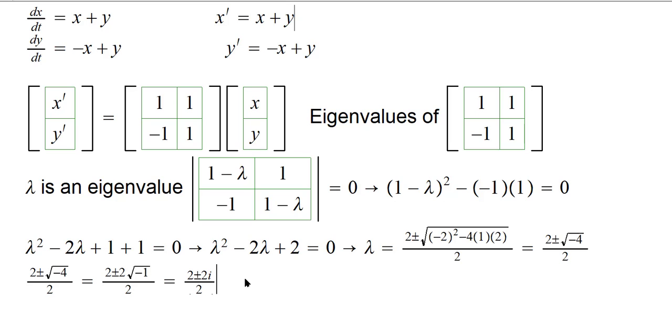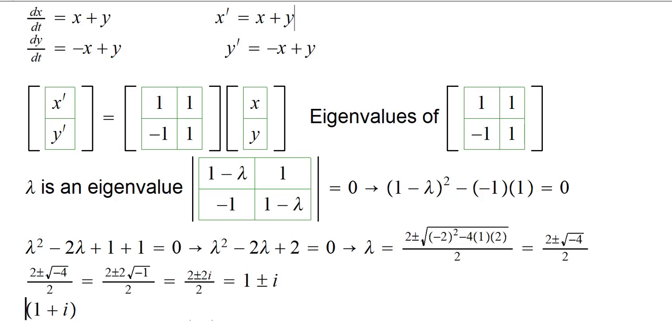And if we factor a 2 out, we will get 1 plus minus i as our eigenvalues. So now let's go ahead and find an eigenvector corresponding to 1 plus i, say. We could have done 1 minus i as well.